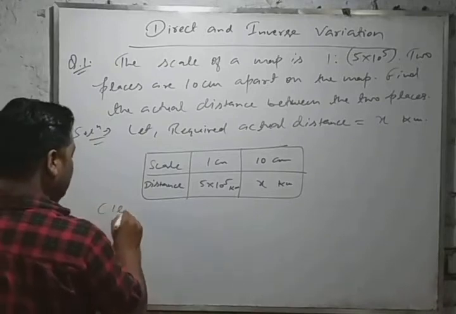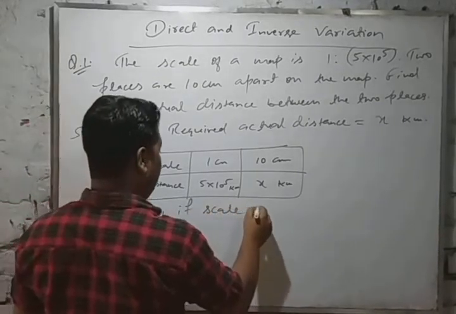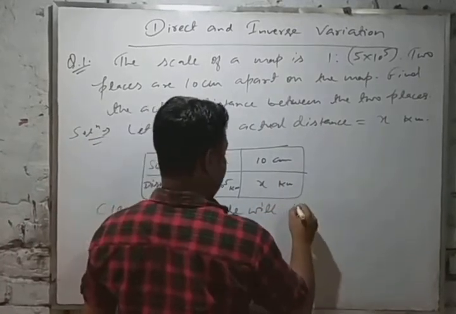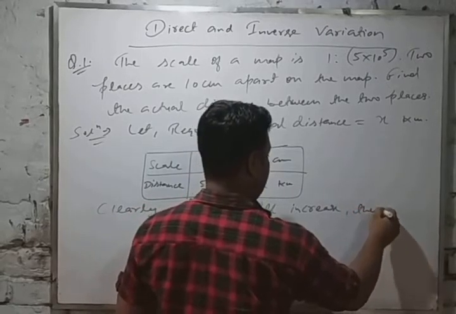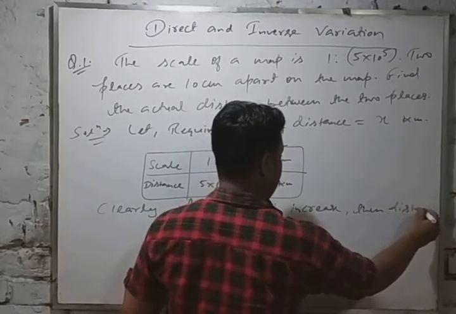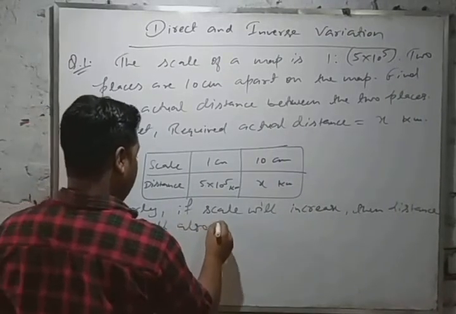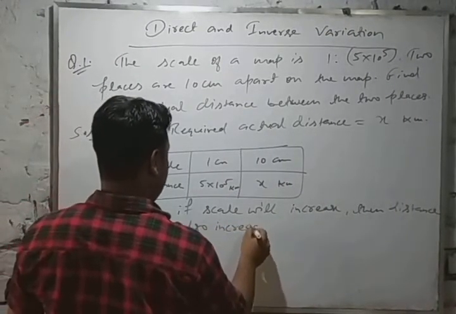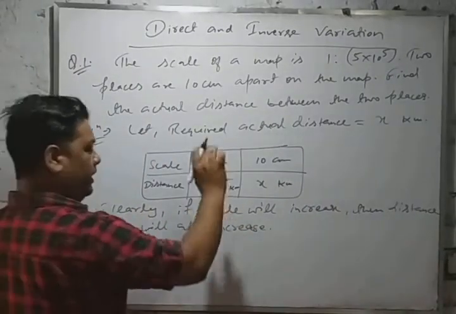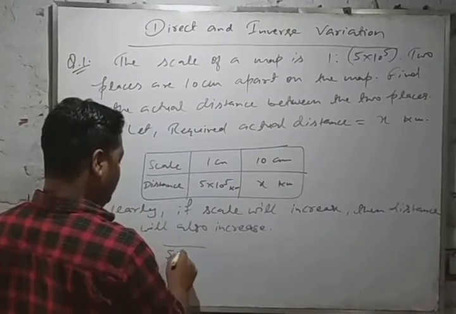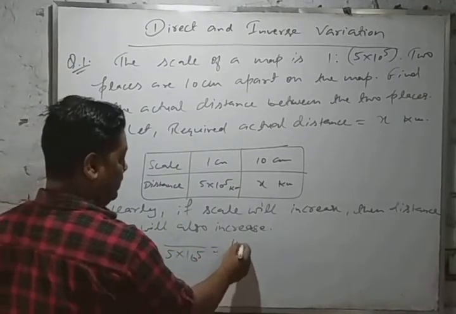Clearly, if the scale increases, then the distance will also increase. Okay, so we will find it by 1 by 10 equals 5 into 10 to the power 5 by x.